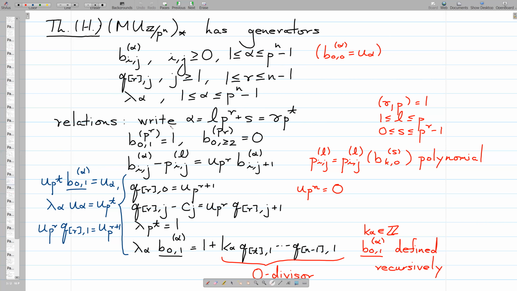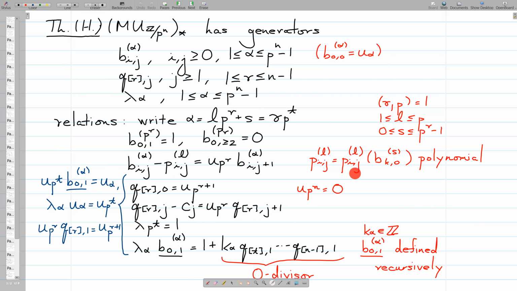So then if your alpha is an actual power of P, then B01 is 1, B0J is 0 if J is greater than 2. And for each Bij alpha, you cannot subtract a simple element constant anymore.